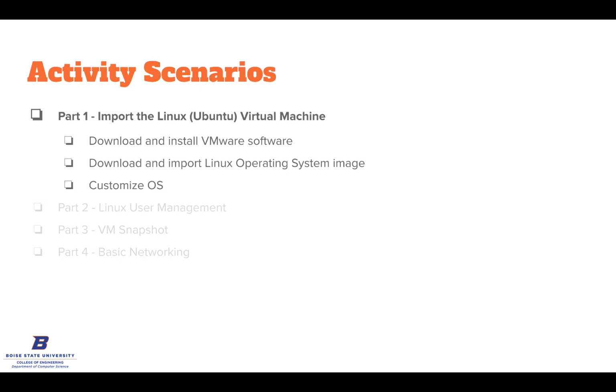The Linux operating system image is about 5 gigabytes to download. So just downloading alone could take several hours. So start early, just get the software downloaded and installed. That way you're not at the end of week 2, this module is 2 weeks long, just waiting for things to download and then you run out of time just because your internet speed is not fast enough.